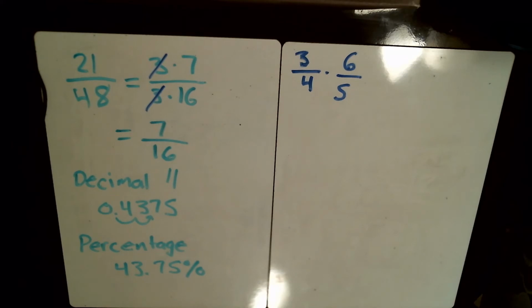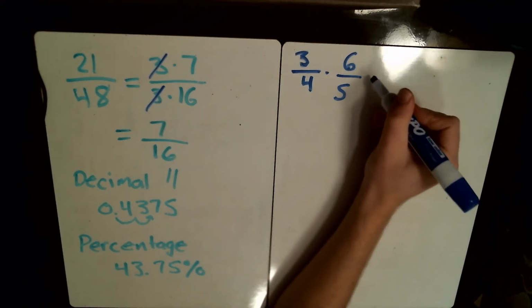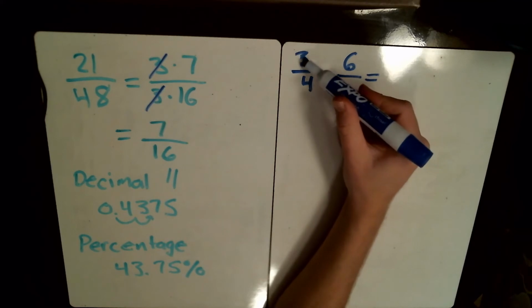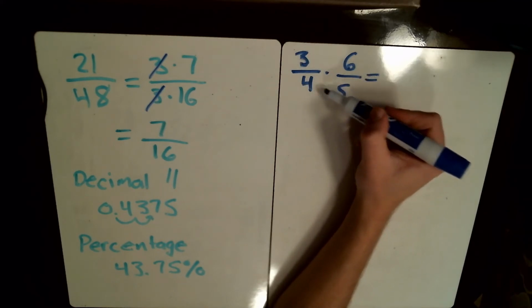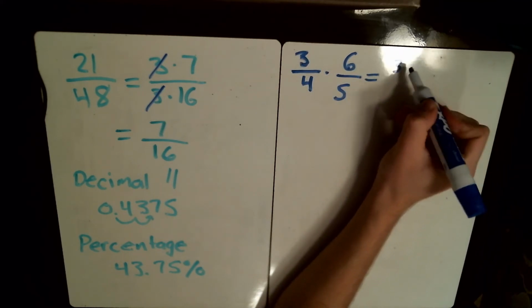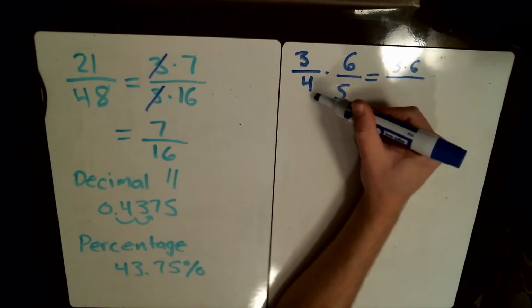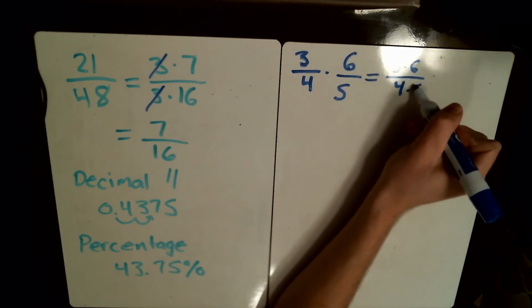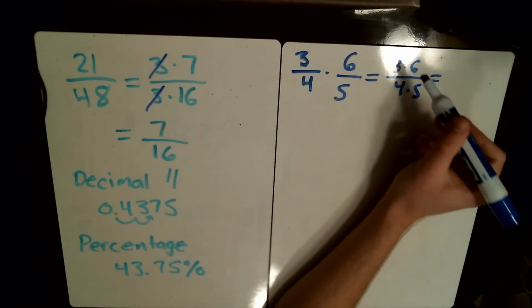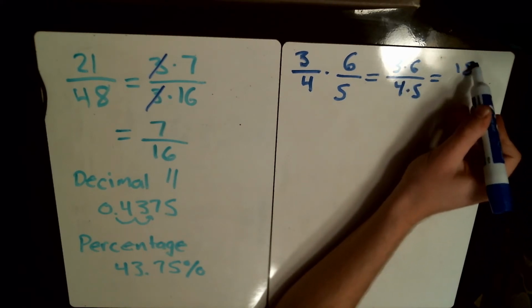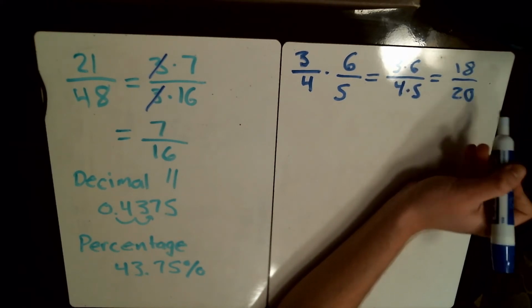How do I multiply fractions? Well, what you do is you just multiply straight across. It's actually fairly easy. You just do this one times this one. So you do 3 times 6 divided by 4 times 5. Okay, so you're going to get 18 over 20.